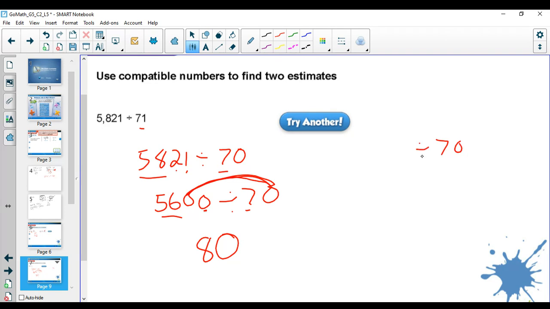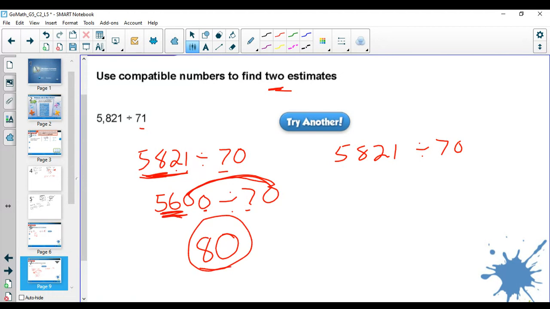And this time, instead of going down for my compatible number, I want to go up. Because if I'm going to find two estimates, I want to have a high estimate and a low estimate. And because I used a compatible number that was less in value, this number 80 is my low estimate.